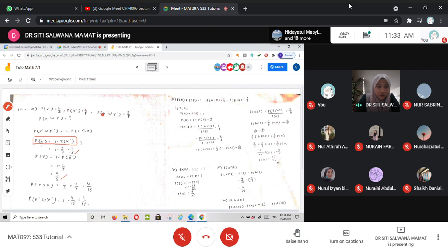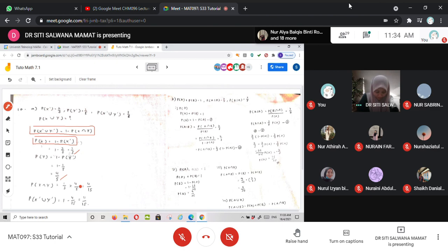Okay, so kita ada rule lah, which is this is you punya rule. Okay, ini actually dia is equivalent to 1 minus the intersection between x and y. Okay, now how to find the probability of x intersect y. Okay, you settlekan lah all this. Okay, so yang ni kita dapat apa ni?